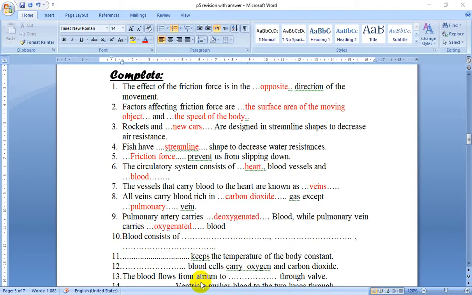So a pulmonary artery carries deoxygenated blood, while a pulmonary vein carries oxygenated blood.